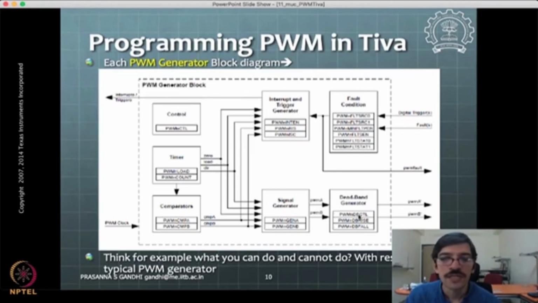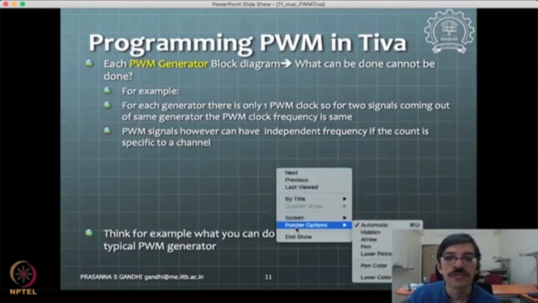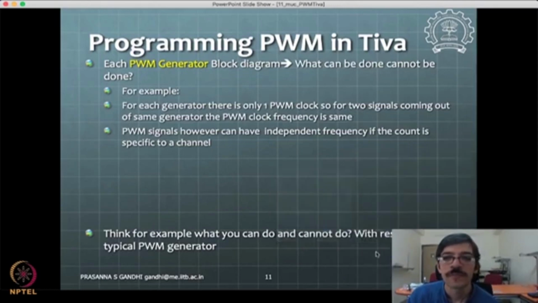So like that you can think about it and draw your own conclusions. Some of these conclusions I have written in the next slide. I need to get this pointer again here, so you can read through some of these conclusions.